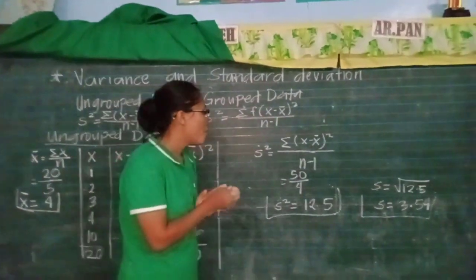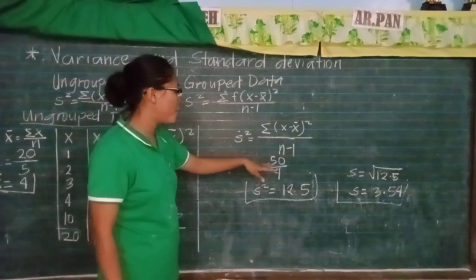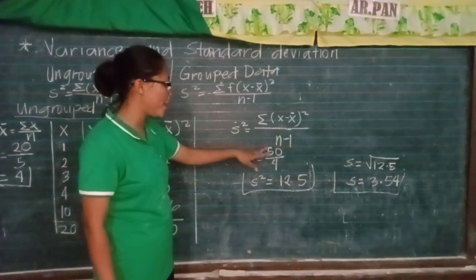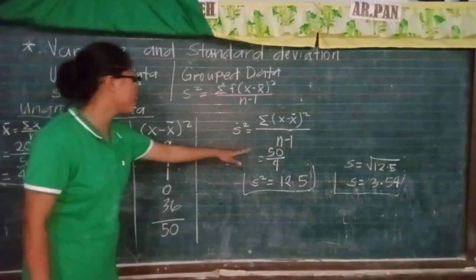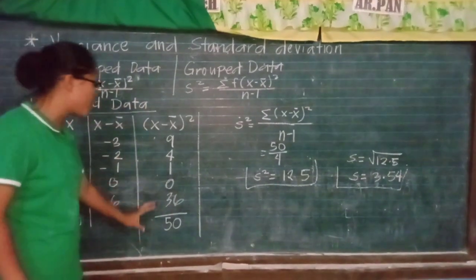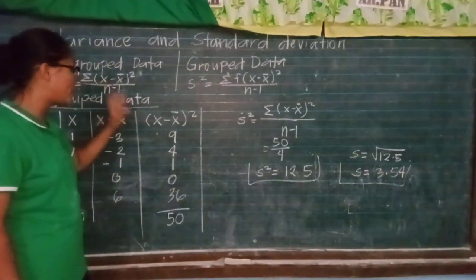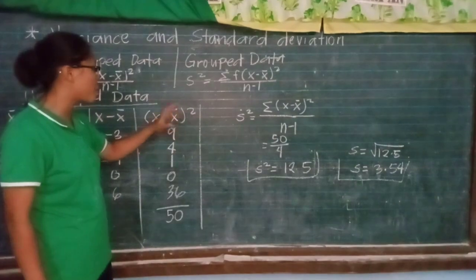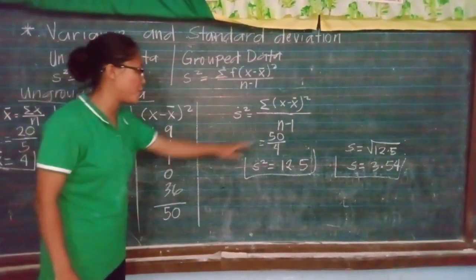And now, what we have here is 50 over 4. Our 50 is the total of our last column, and that is the quantity of x minus mean raised to the power of 2, which is 50.